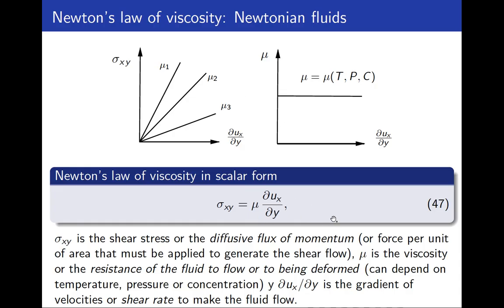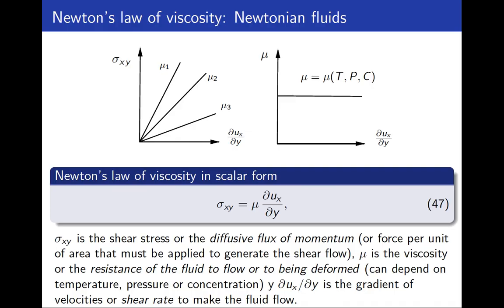Newton's law of viscosity can also be seen as a diffusion equation. If you are familiar with heat transfer or mass transfer, you can notice that Newton's law of viscosity is similar to Fourier's law or to Fick's law. Diffusion is this physical phenomenon where there is a transport of the quantity of a property, for instance, temperature, momentum, or mass.